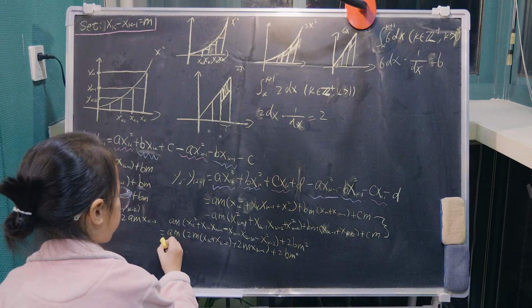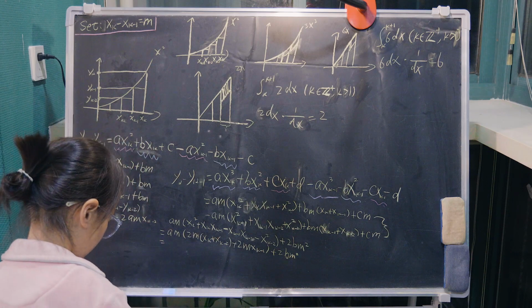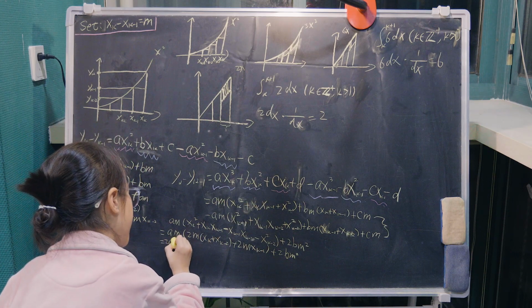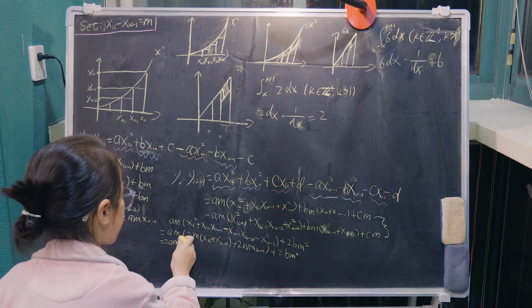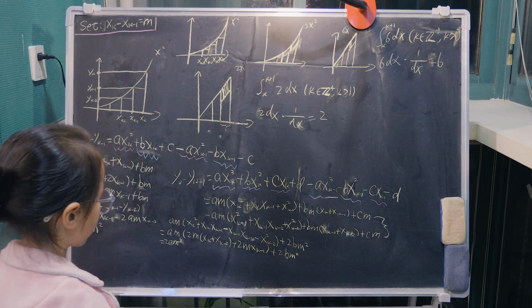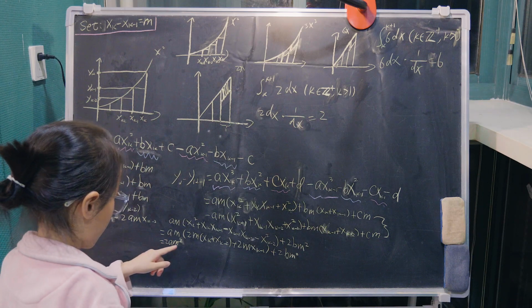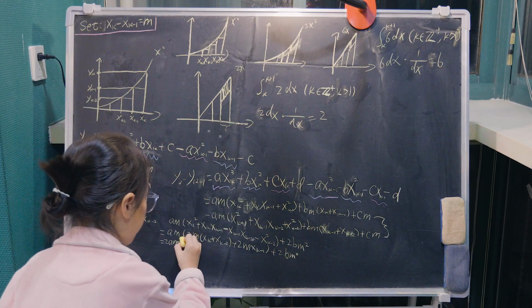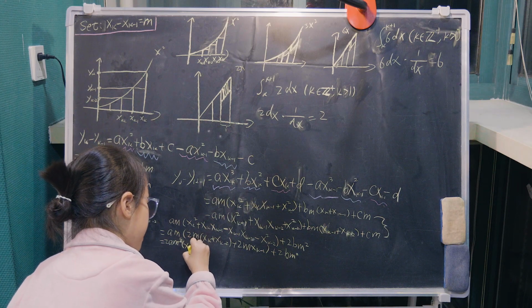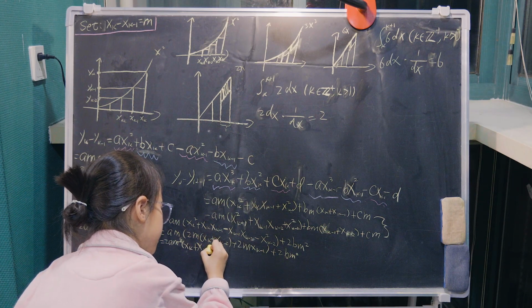That's equal to, first this part multiplied out, 2am squared times bracket xk plus xk minus 2.